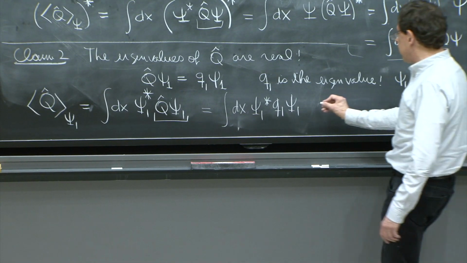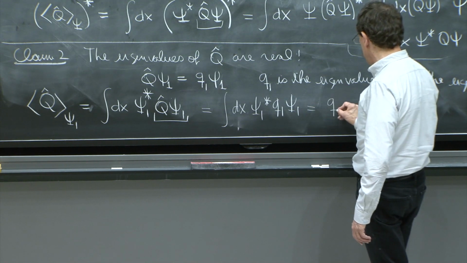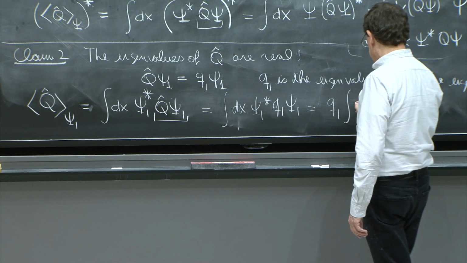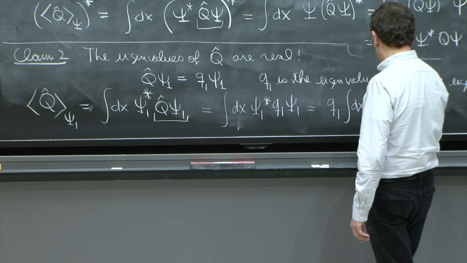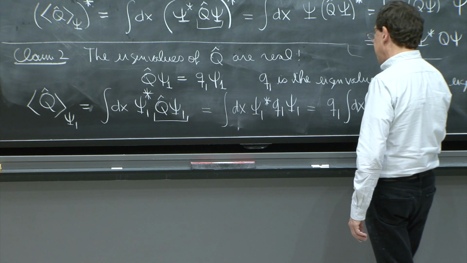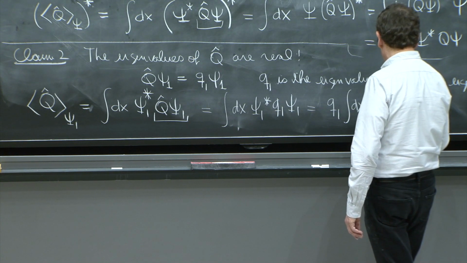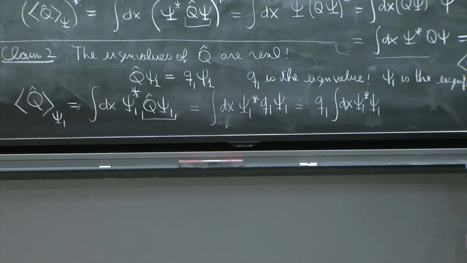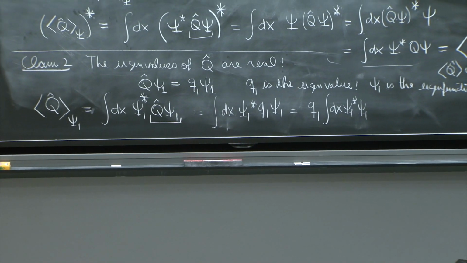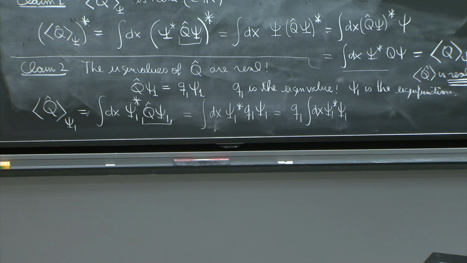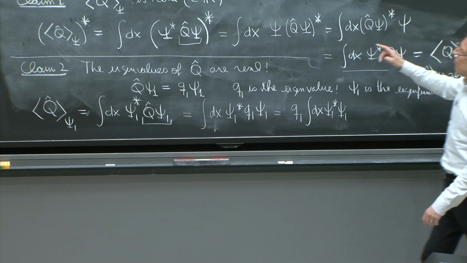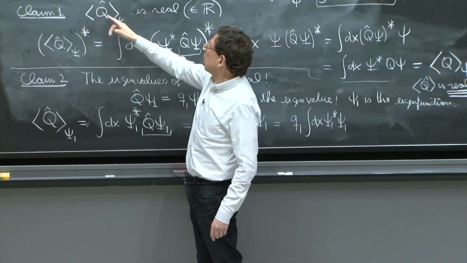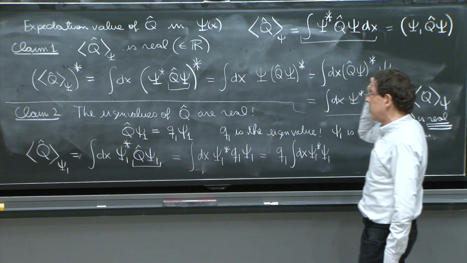And the Q1 can go out, and it's Q1 times the integral dx of psi1 star psi1. But now, we've proven in claim number 1 that the expectation value of Q is always real, whatever state you take.